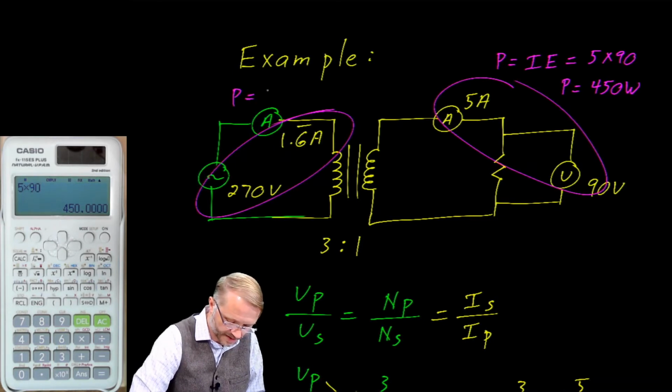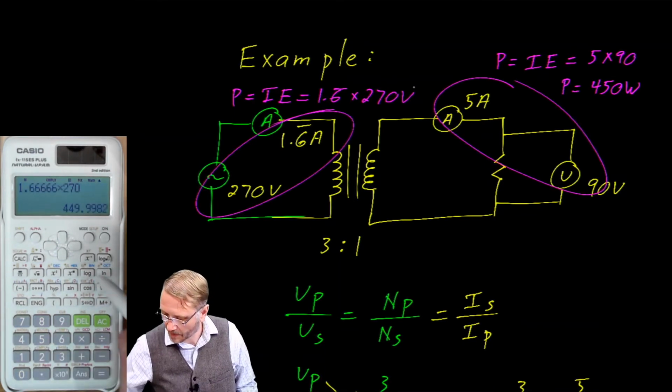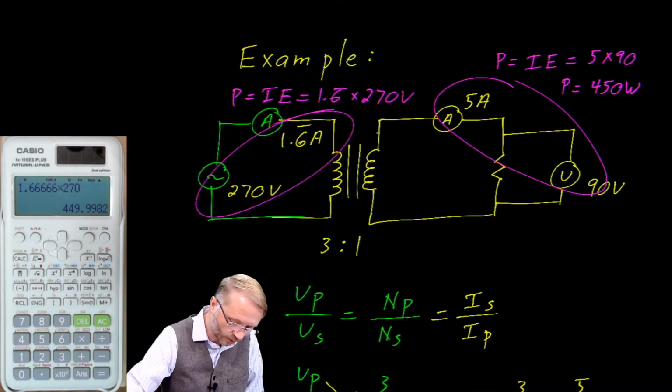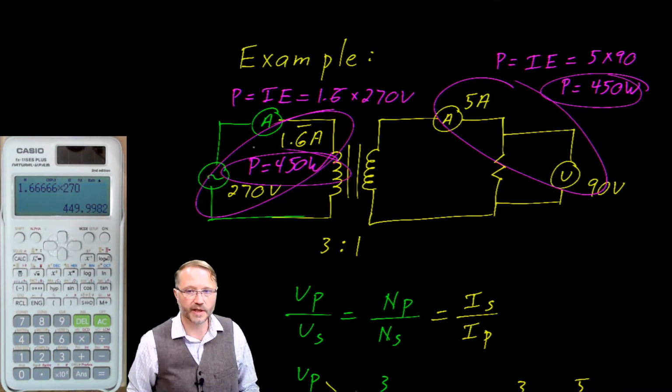We said power is equal to IE, which is 1.6 amps times 270 volts. So 1.6 repeating times 270 gives us the same 450 watts. So that gives us some confidence that we have worked out this problem correctly.